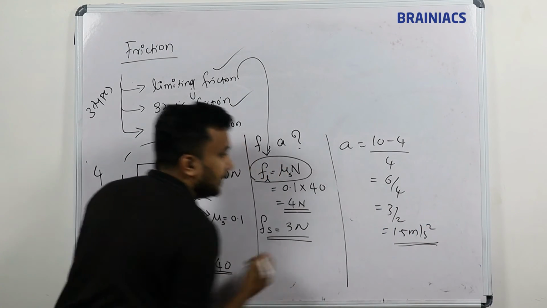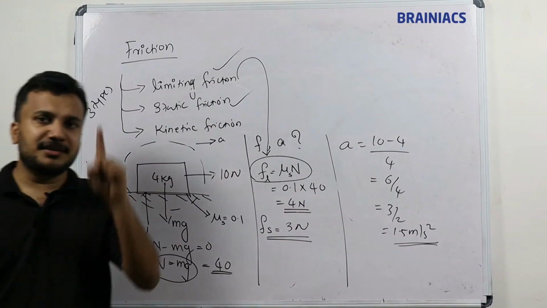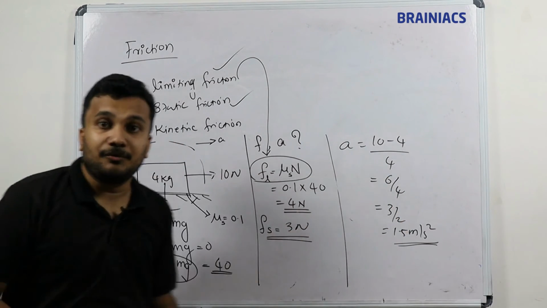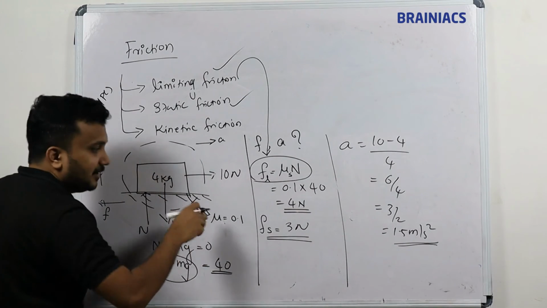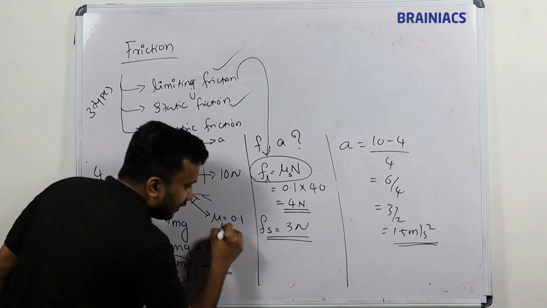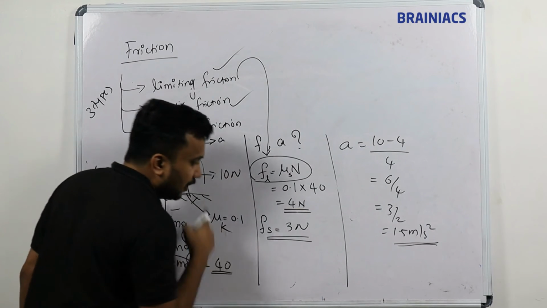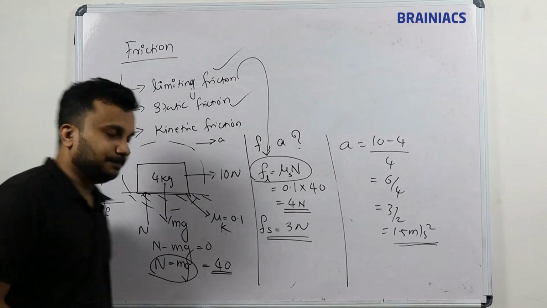This means the 10 Newton force is sufficient to move the block forward. So whenever motion is happening, the value of friction is not static, not limiting. This is called the kinetic friction value. In this case, whatever I find out is the kinetic friction value.